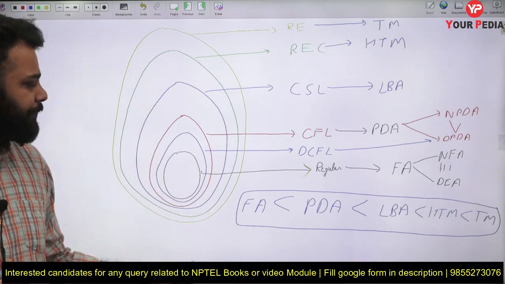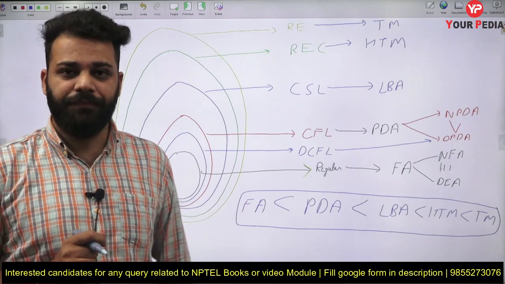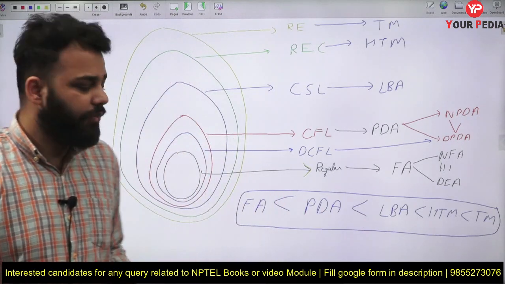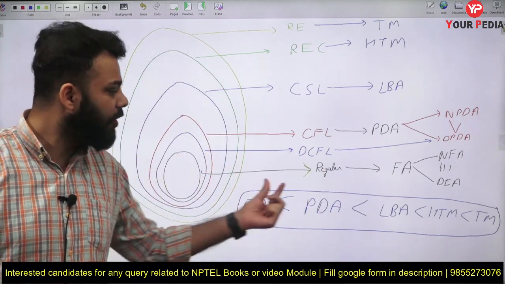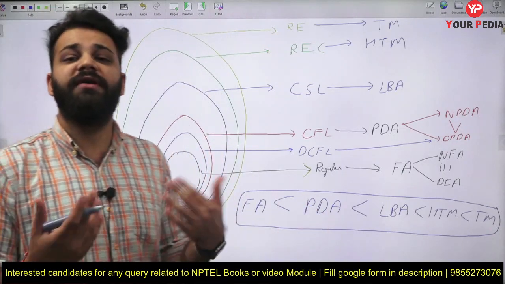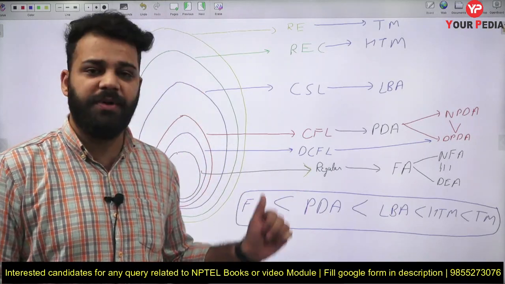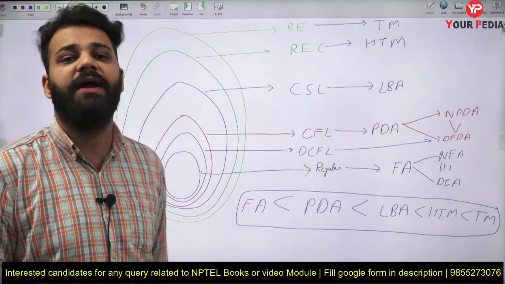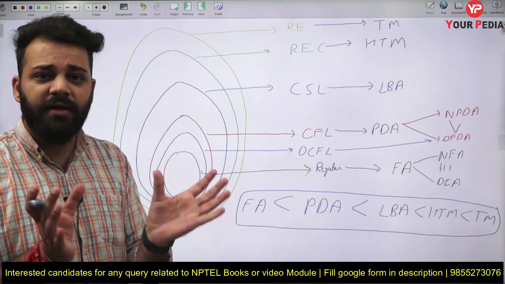Now if a language is accepted by finite automata, PDA has greater power than finite automata. So if finite automata is able to recognize that language, automatically PDA will also recognize that language. But if you know a language is accepted by PDA, you cannot say surely that it will be accepted by finite automata or not, because you don't know what the language is.